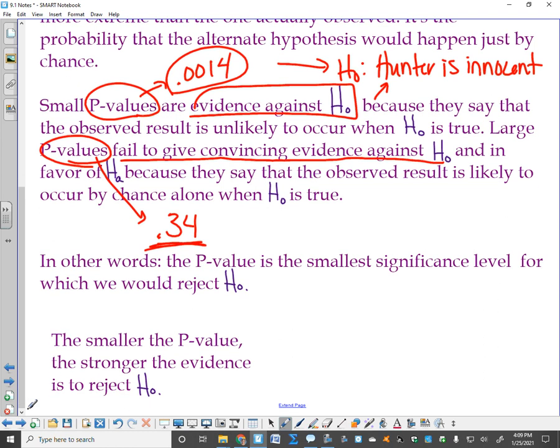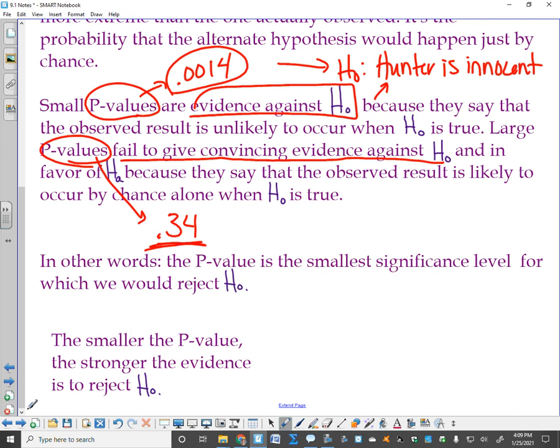In other words, the p-value is the smallest significance level for which we would reject H sub O. Well, that sounds like a rubber stamp sentence right there.